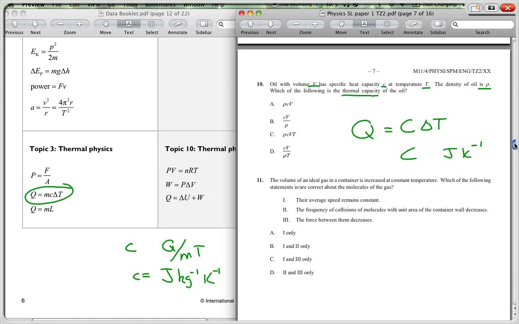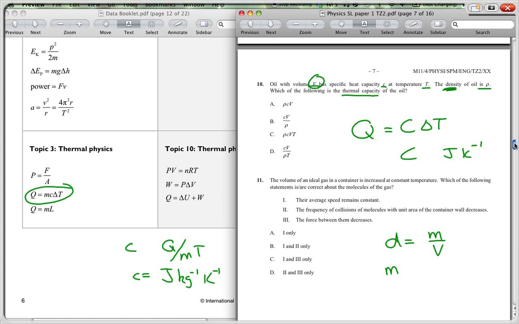So in looking at this here, we are obviously going to be dealing with the density of the oil, which is rho, and we have a volume V. Now hopefully you'll remember that your density is equal to your mass over your volume.